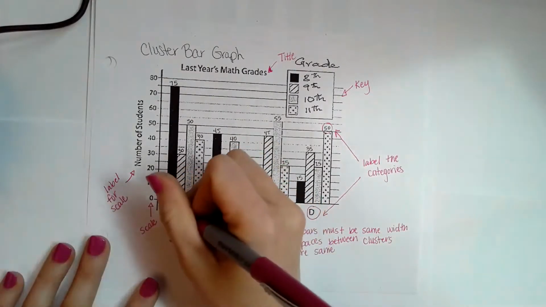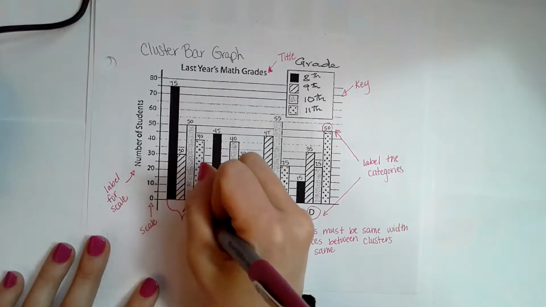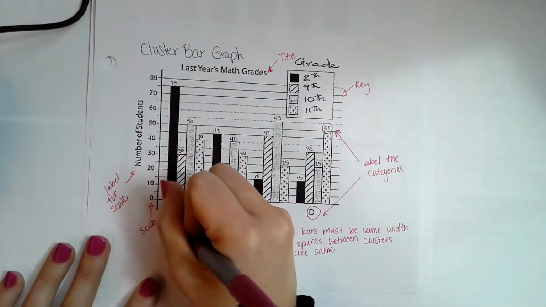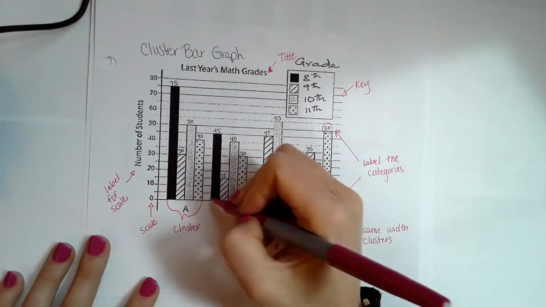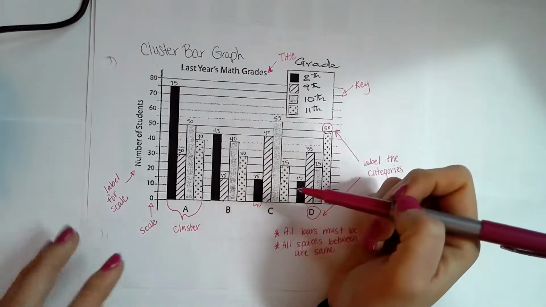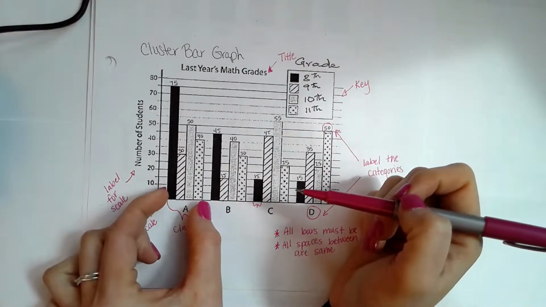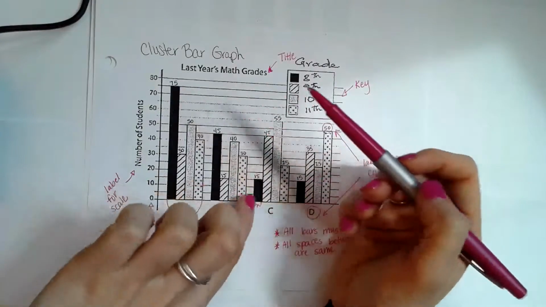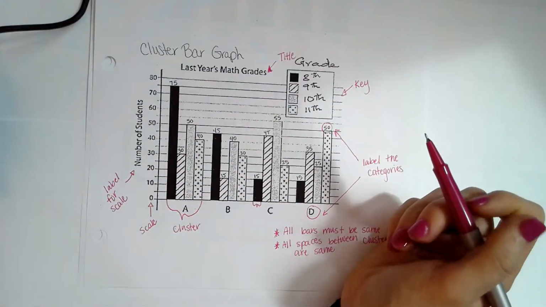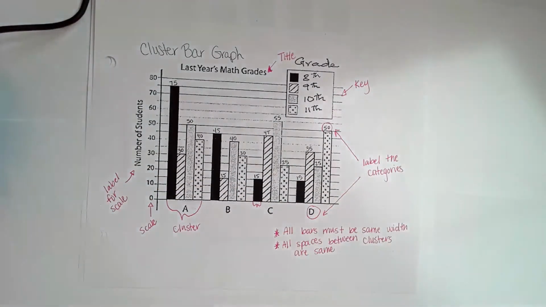So this right here is a cluster. The space in between your clusters all have to be the same. Your bars within a cluster are going to be right next to each other, so you don't need spaces in between those, but each individual cluster should have some space in between it.